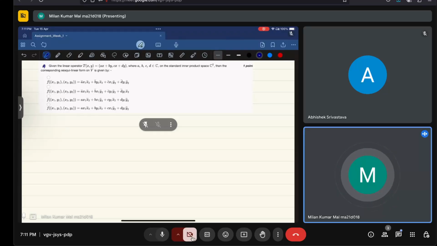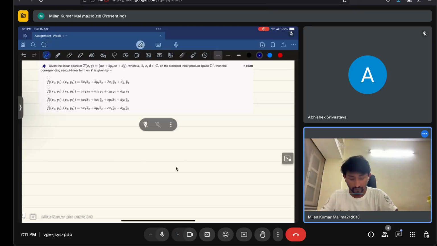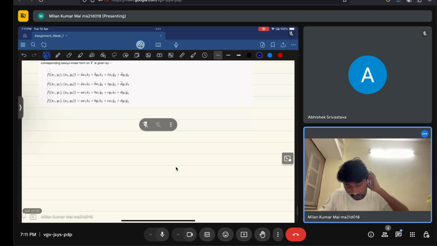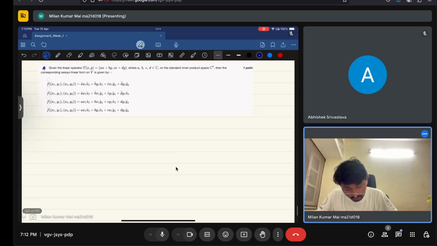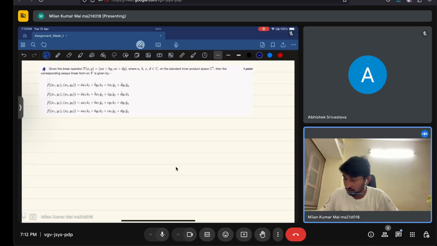So we'll check which one is the bilinear form, which one is the sesquilinear form. Here f is given this way. Let's take the first one and check whether the first one is correct or not.